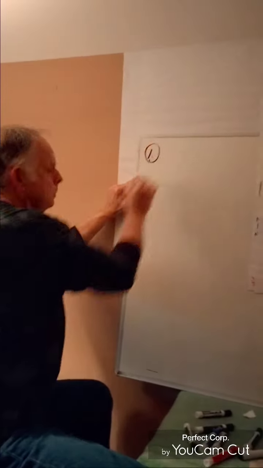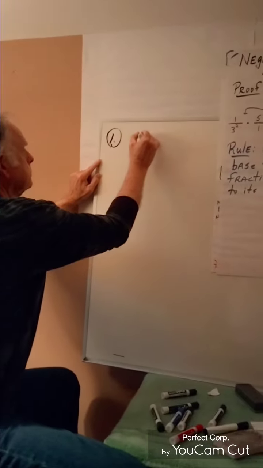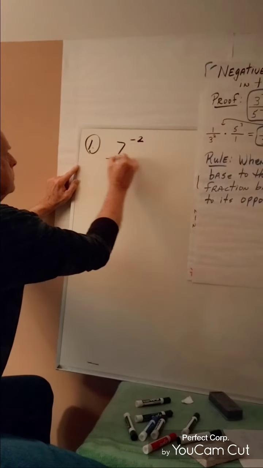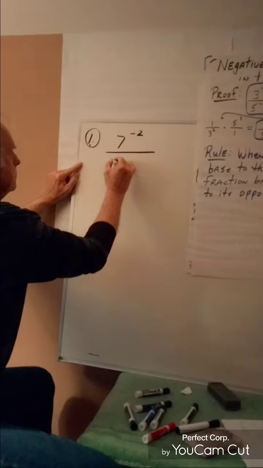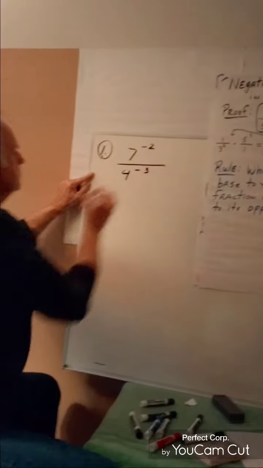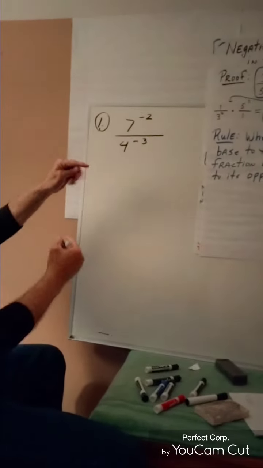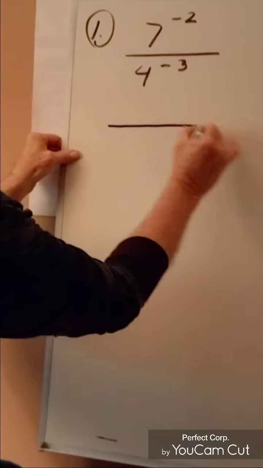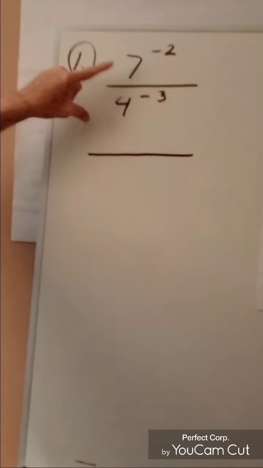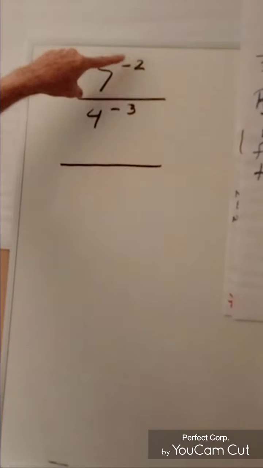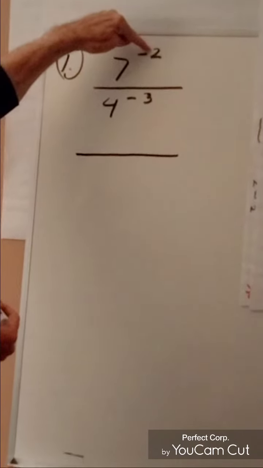Now let's look at a few. Number 1. That's no good. Bring down a brand new bar. We're going to have to switch because it's a negative exponent.